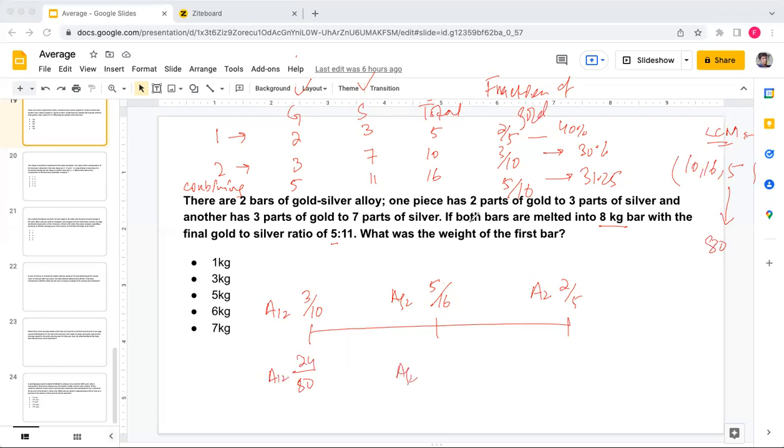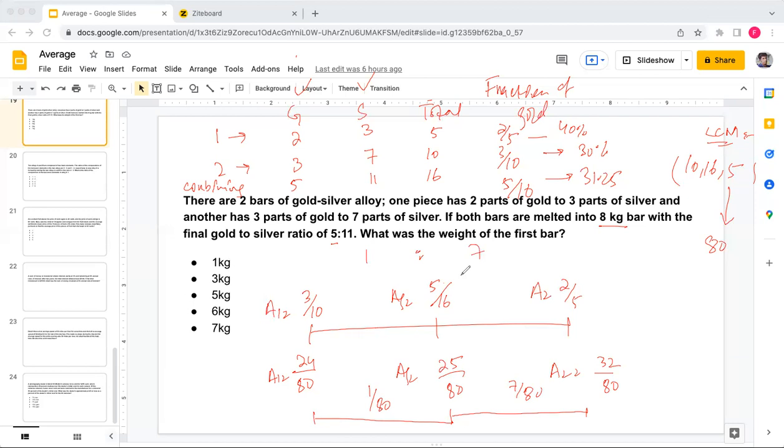For AG, to make 80 in the denominator, I multiply above and below by 5. This is 25. And to make 80 here, I multiply with 16, so this will be 32/80. Now, what is the difference? This is 7/80. And this is 1/80. Taking the ratio now, it is straightforward 1/7.